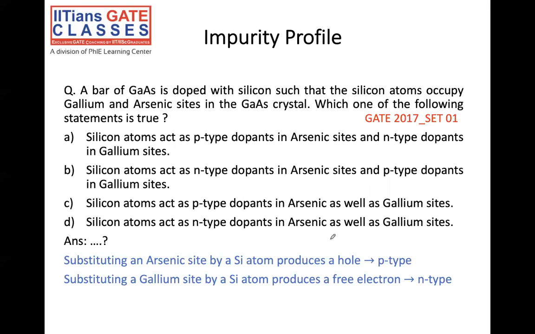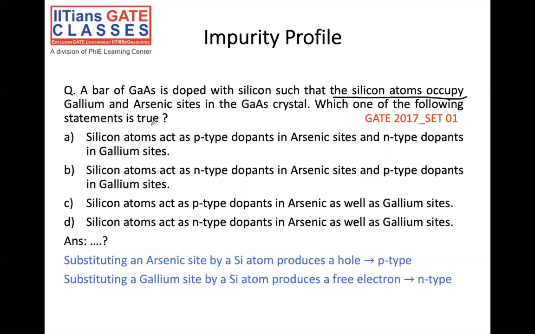So now move on. We have some questions. It is a very important question which came in 2017 set 1. It is a 1 mark question. Let's understand this. A bar of gallium arsenide is doped with silicon such that the silicon atoms occupy the gallium and arsenic sites in the gallium arsenide crystal.